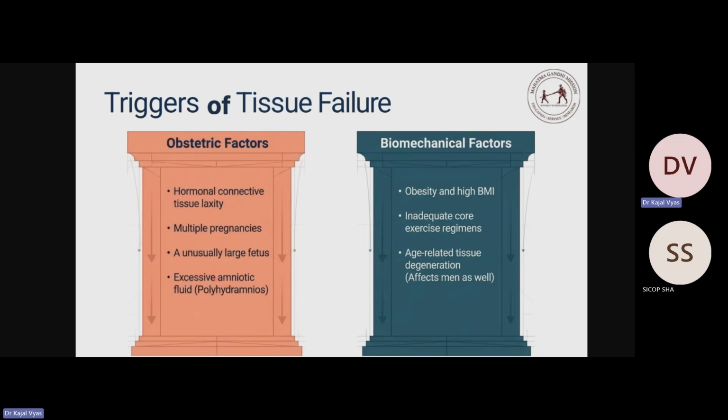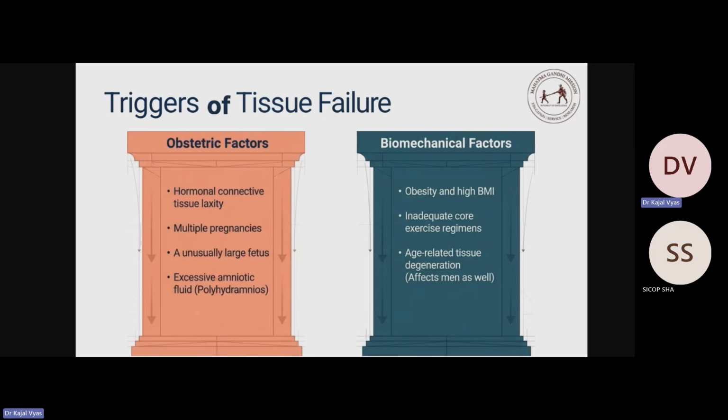In ANC and PNC females, in postnatal cases, hormonal changes along with biomechanical changes during pregnancy lead to laxity of the connective tissue, the linea alba, which separates the two rectus abdominis muscles apart. Another factor is multiple pregnancies.